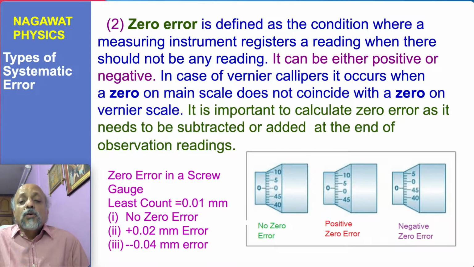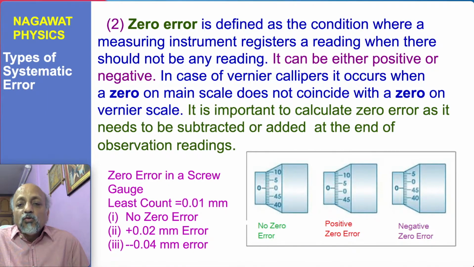So in this case, the zero of the base scale and the zero of the circular scale are in agreement with each other and coincide with each other. Therefore, we can say the zero error is not present, and it is a case of no zero error.